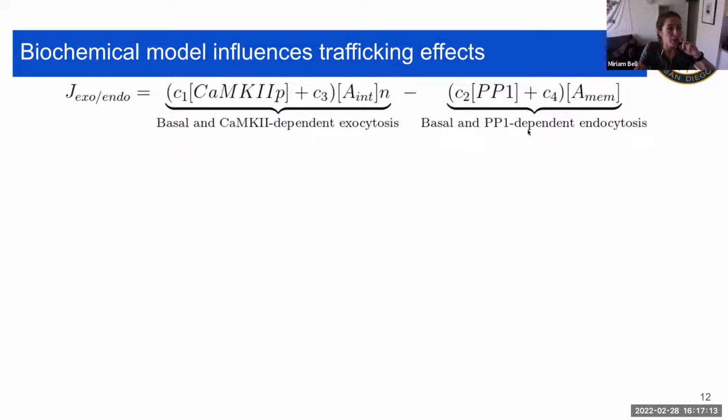The first way is by modifying C1 and C2, the activity-dependent term. And the second way is by scaling the entire contribution of endocytosis or the entire contribution of exocytosis. Okay.